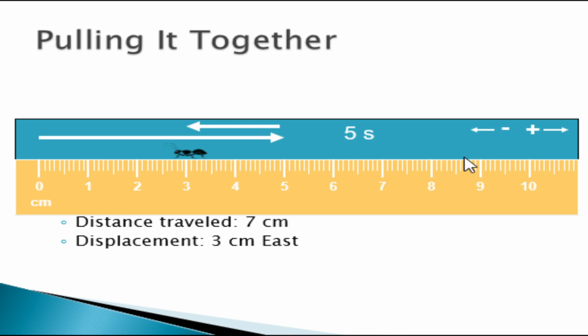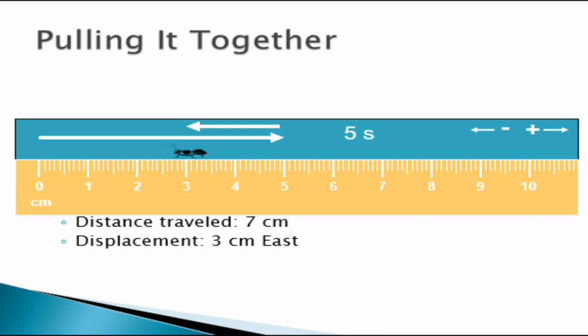Now, what is the speed of the ant? For us to calculate speed, we will divide the distance traveled by the time. Take note that for the distance and displacement of this ant, we will use the same time, which is 5 seconds.